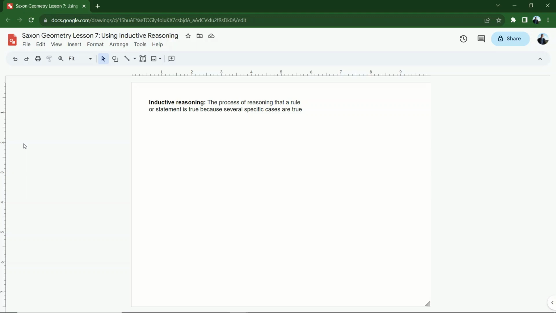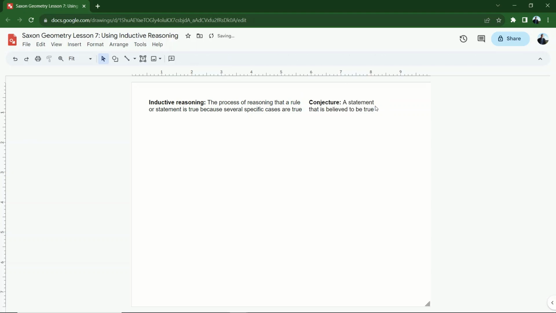And the reason it's near and dear to me as a science teacher is because science uses those specific cases all the time. That's what experiments are. We do experiments again and again and again. We don't test every single possible scenario. We just do a group of experiments that confirms a hypothesis that we have. And if we confirm that hypothesis enough times, then we can come up with general rules based on our hypothesis, like theories, right? That's what inductive reasoning is, okay?